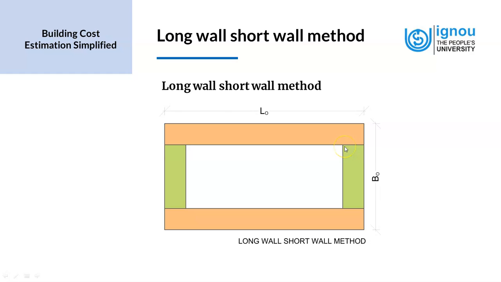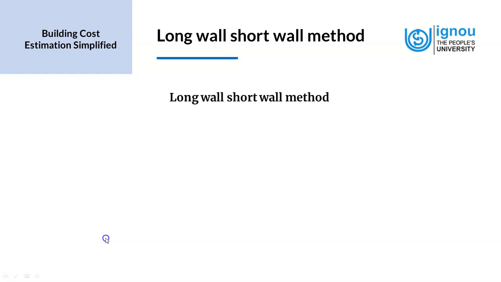Instead, we have the B0 side on the breadth, and we avoid the portion which has already been considered in the other wall. So this gives a more accurate calculation of quantities of materials, because we are only considering individual walls, and the extra that takes place, as we saw in the previous case, doesn't happen here.